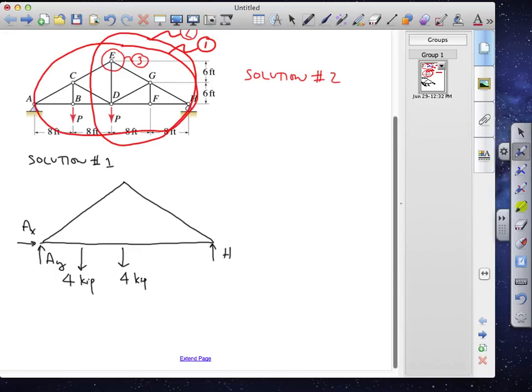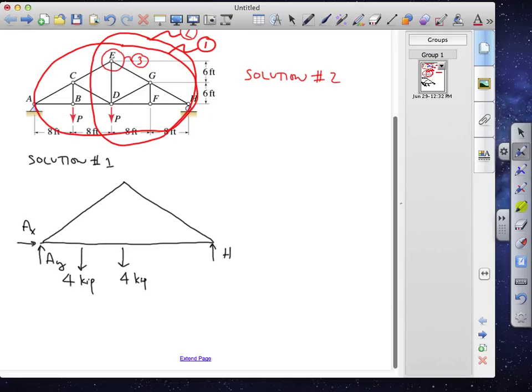We could write all of the equilibrium equations, that is, 2 force and 1 moment equation, but in this case all we really need is the reaction at joint H. So we'll write a single equilibrium equation, that is moment equilibrium about A.